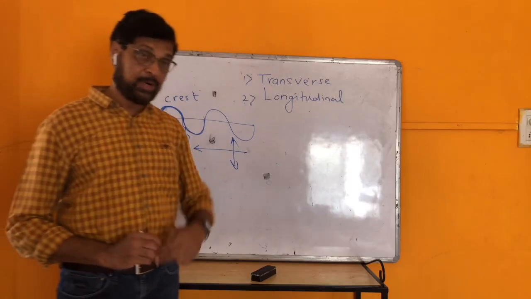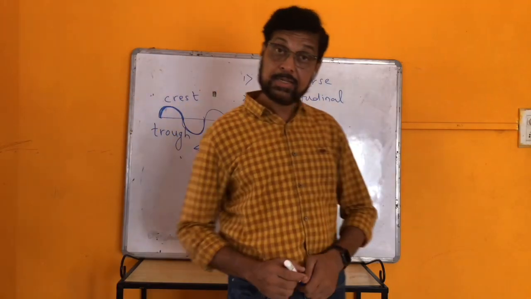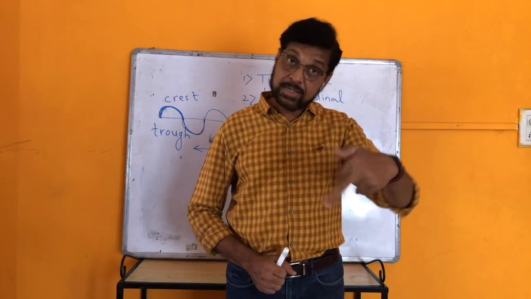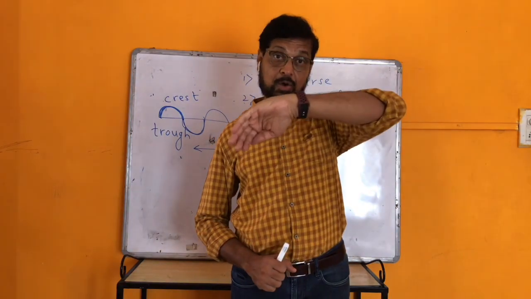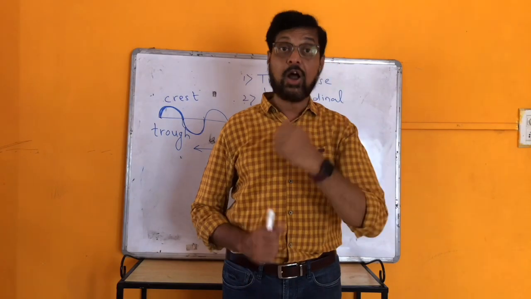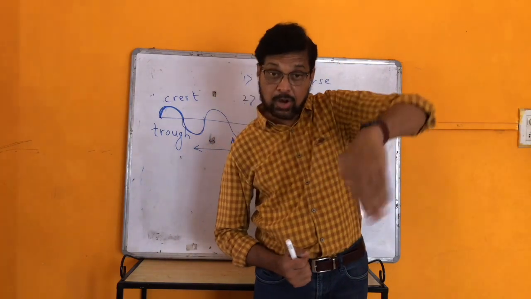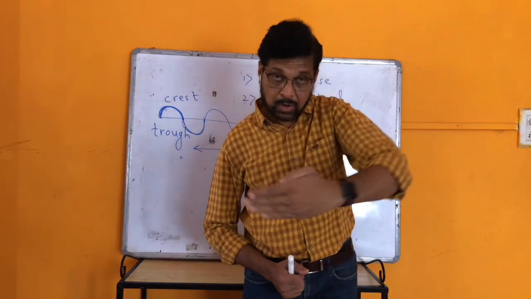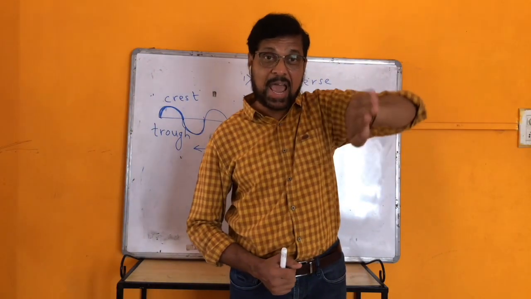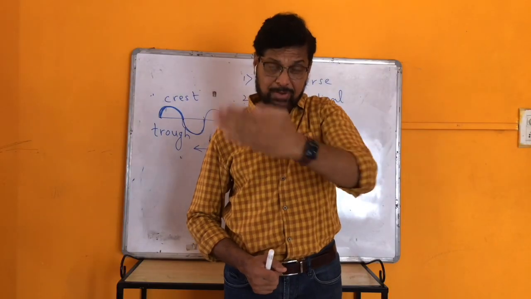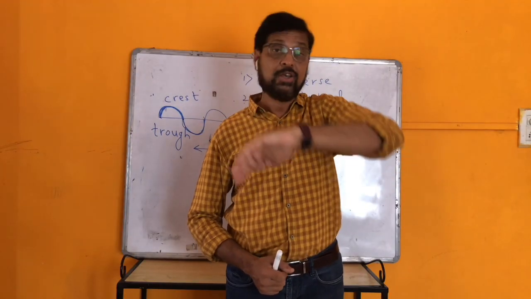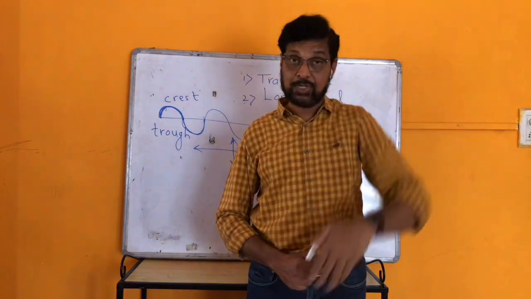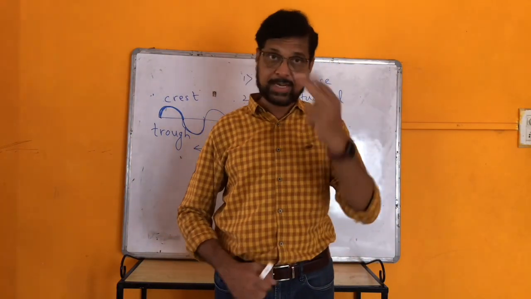That is the second property, second characteristic of a transverse wave. convex, concave, concavity, cavity वरून concave, concavity. So the convex portion is called crest and the concave portion is called trough.